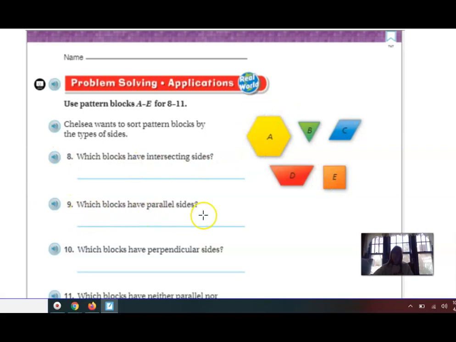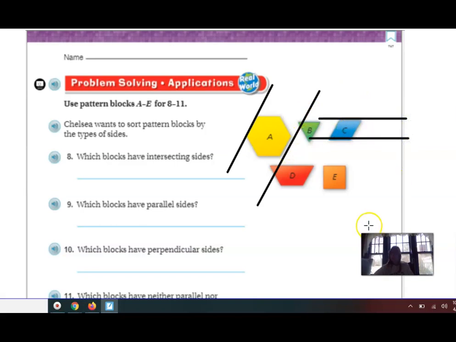Then it says which ones have parallel sides. So this one, you actually want to draw some lines. So we know that we have to find another side that won't intersect with this. So if you look right here, you should be able to see that these are parallel sides. If you go to C, let's just choose this way. That has a parallel side.